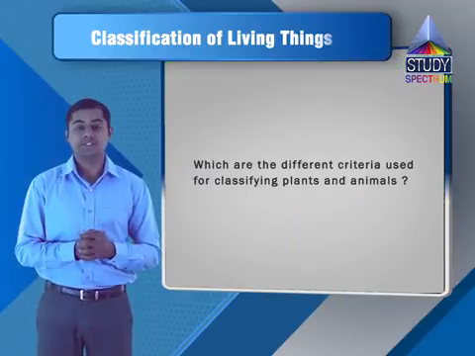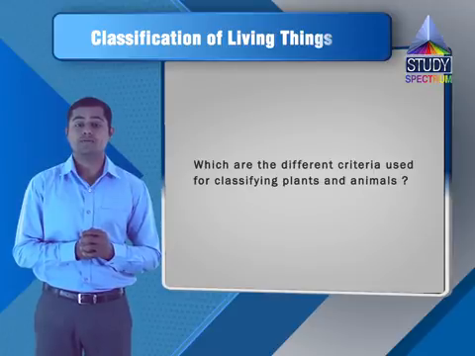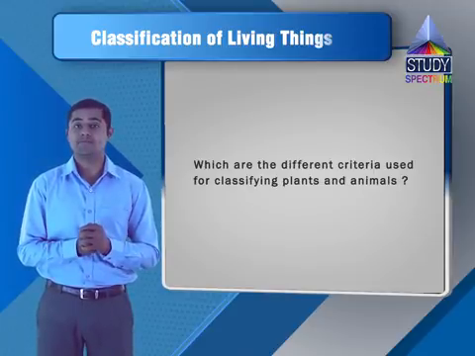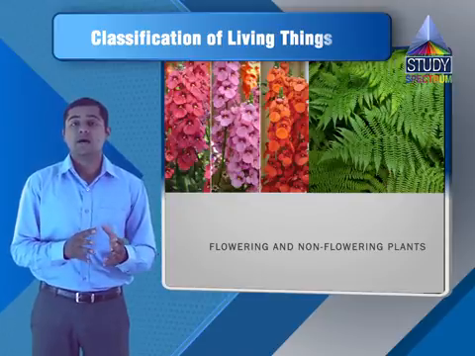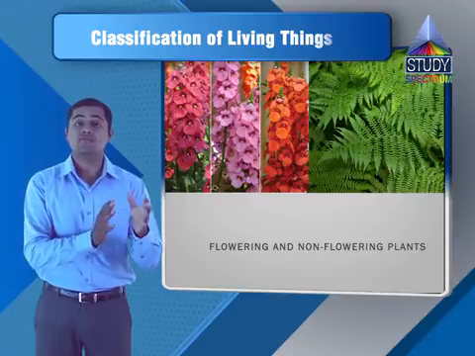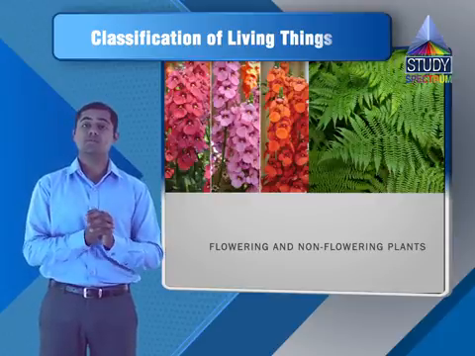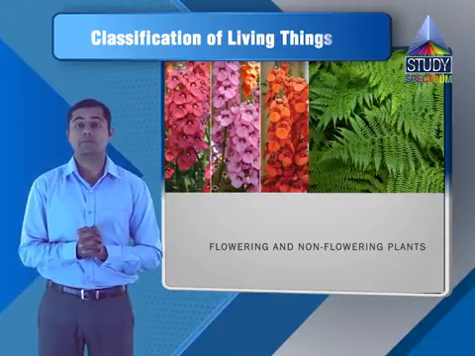Let's go to the next question. Which are the different criteria used for classifying plants and animals? Let's go one by one. Which are the criteria to classify the plants? The first criteria, whether they have flowers or not. On the basis of that, we classify plants into flowering and non-flowering plants.